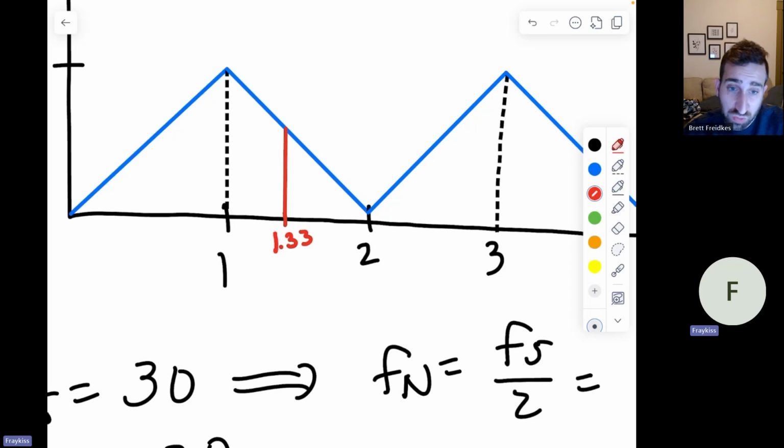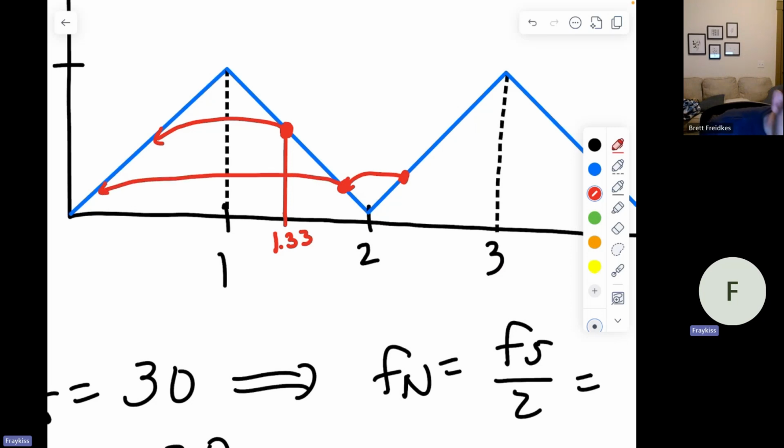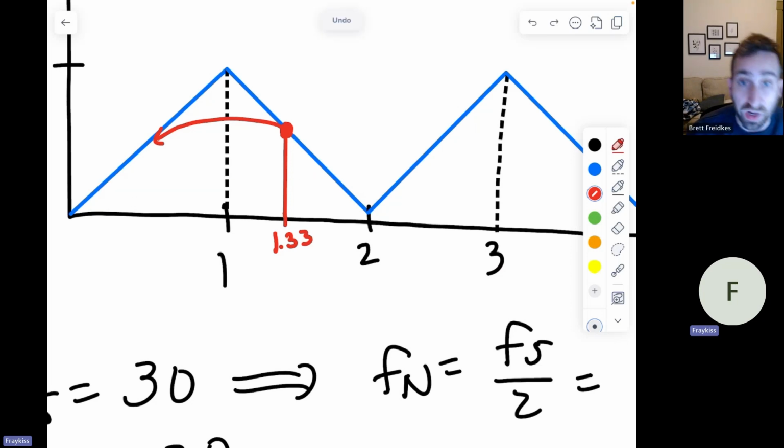And once I hit that triangle, I'm going to take the point here and I'm going to reflect it over the axis where an integer is. So if I had a point, let's say here, it would reflect over to here, and then this one would reflect over to here. They just keep folding over. Like if you were to take a piece of paper and fold it, where would that point end up?